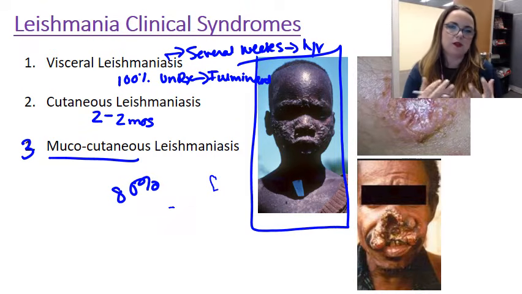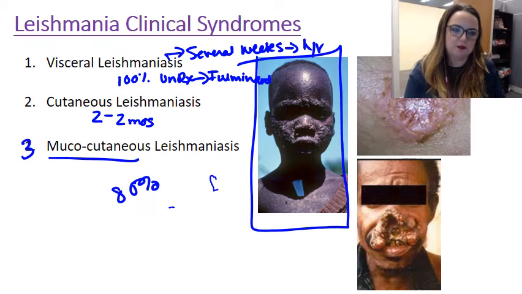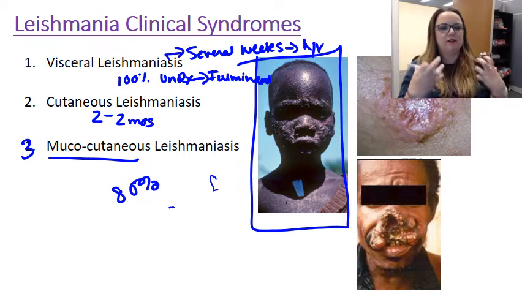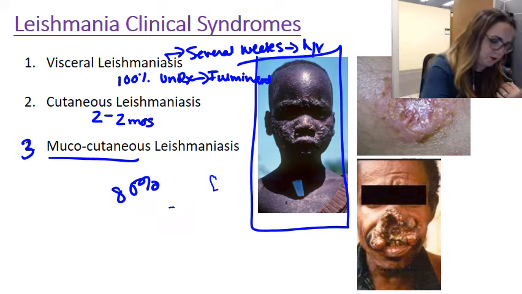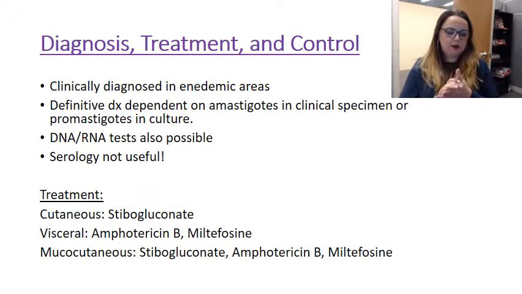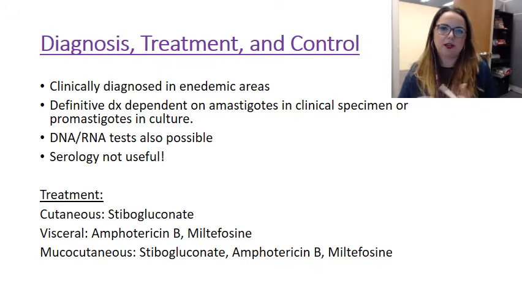So the mucosal lesions, the other thing to keep in mind is these aren't going to heal spontaneously the way the cutaneous lesions might. So they often result in severe and disfiguring facial mutilation, and unfortunately often death as well. All right, so let's talk diagnosis, treatment, and control.